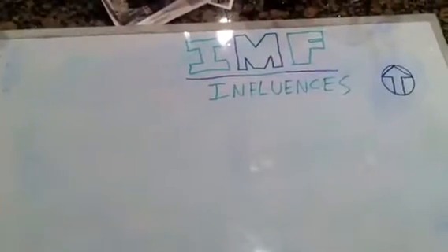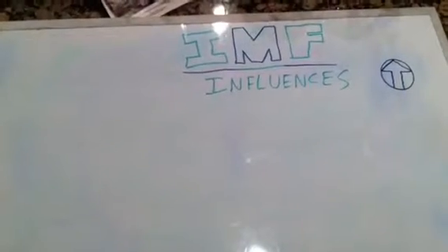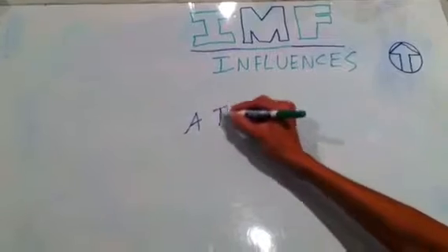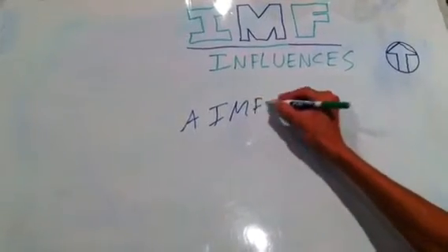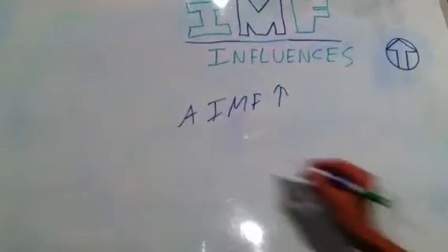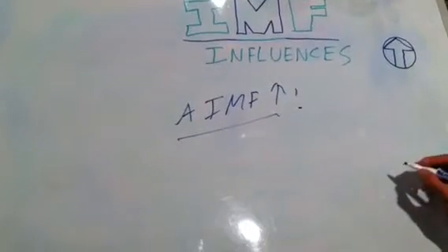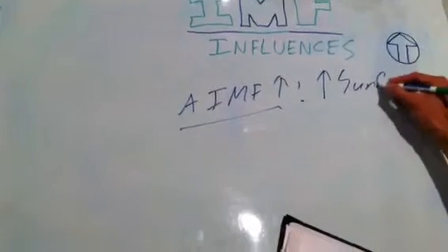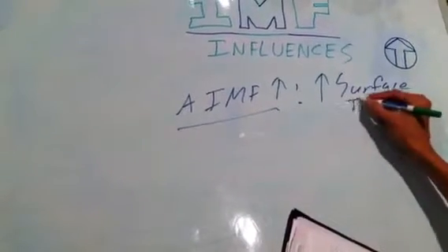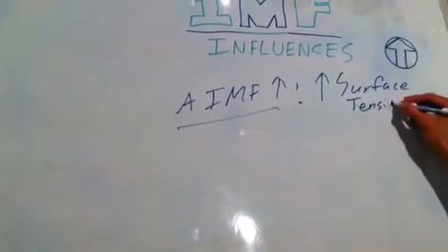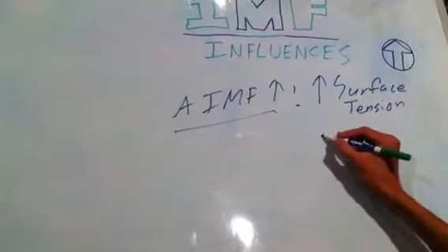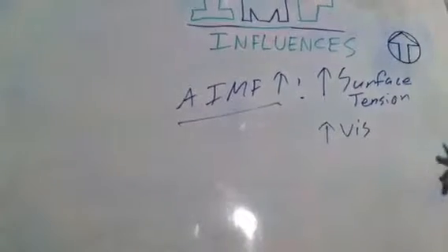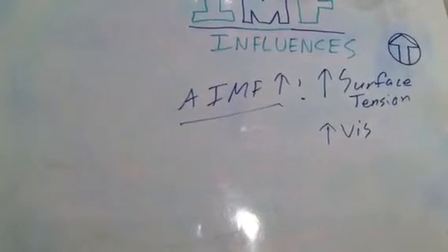Intermolecular forces have many different influences on different variables, such as, as IMF increases, it can have the effects of the following: increase in surface tension, an increase in viscosity, which is basically the thickness of something such as mud or silly putty.